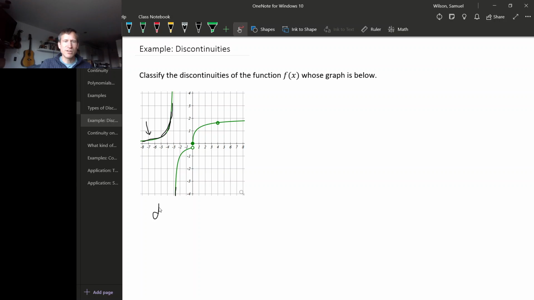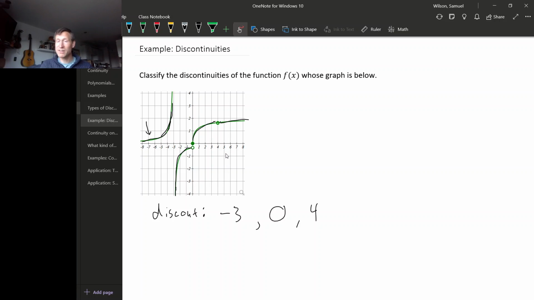So there's a discontinuity at -3. Okay, then it is continuous again because we can draw this piece without lifting up our pencils. And then at 0, there's another discontinuity because we jump up to here. So there's a discontinuity at 0. And then there's a discontinuity over at 4. We have to lift up our pencils to skip over the x value 4.